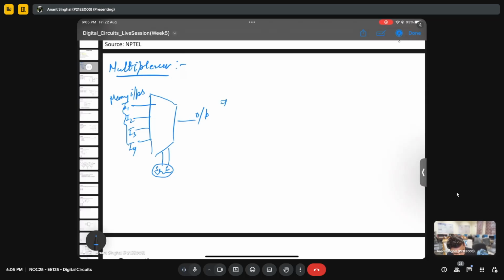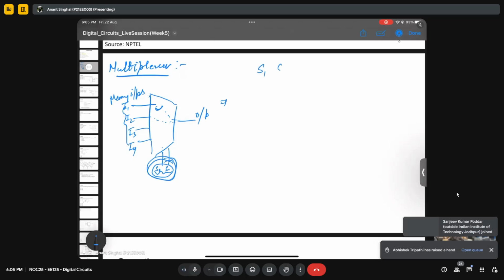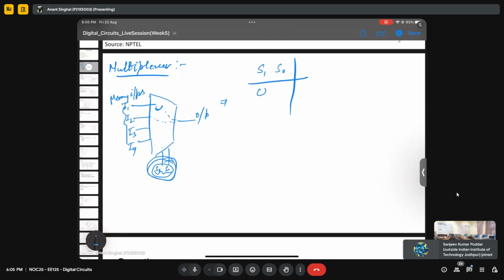The output of this multiplexer depends upon these select lines. If this select line is choosing this particular input, then this will be the output. Similarly, if the select line is choosing this other input, then that will be the output. If I make a truth table out of it, we can have four choices of select lines.